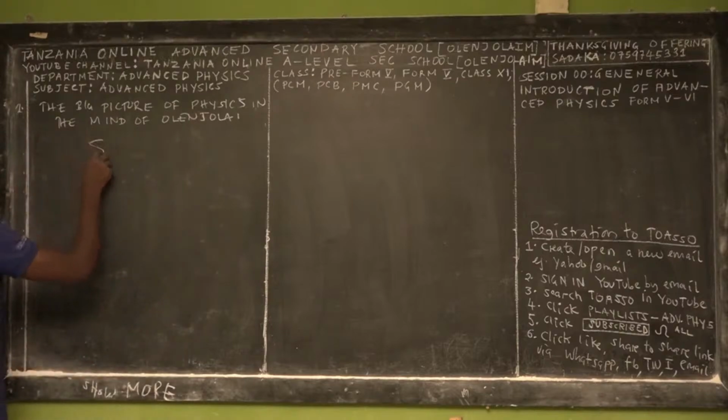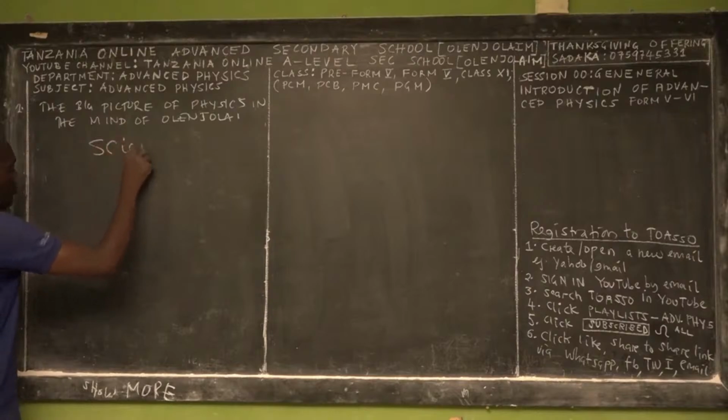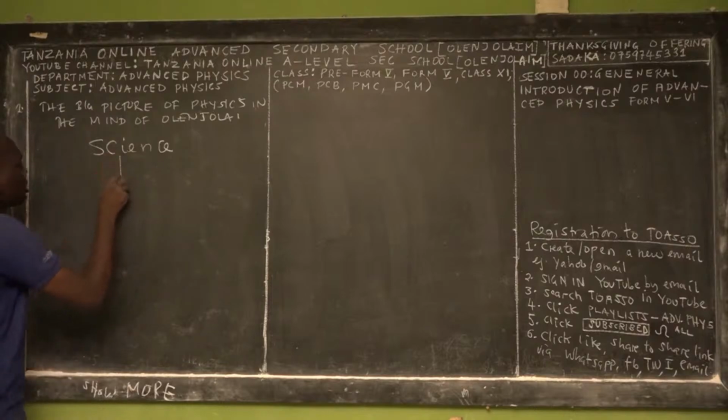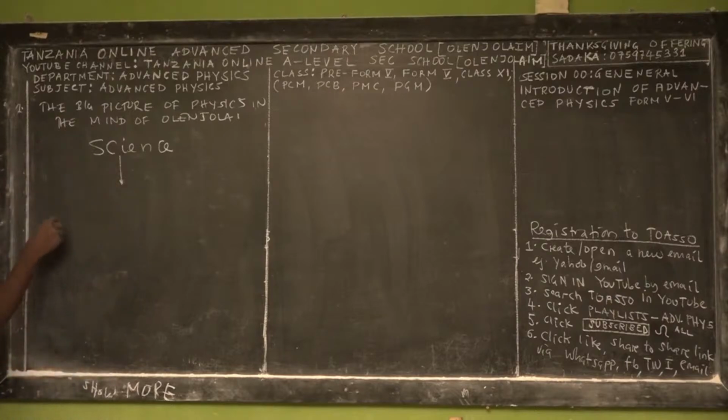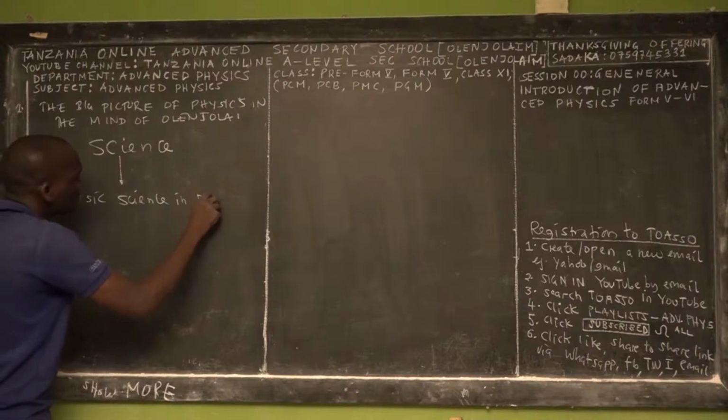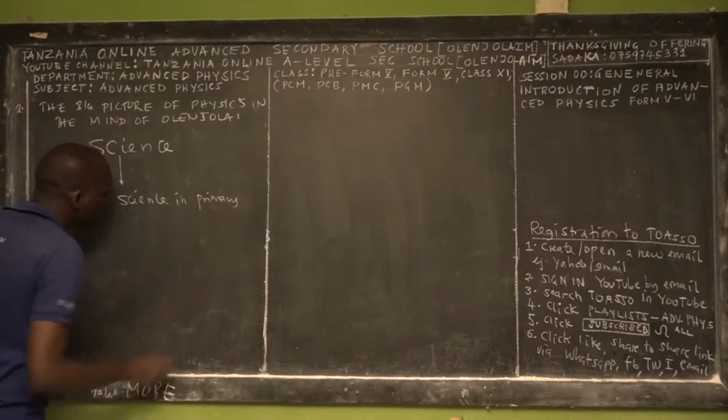So this advanced physics, before we used to call it science during the primary education. Or this is just, let's say, the huge subject of science. We began the journey when we learned about basic science in primary education.